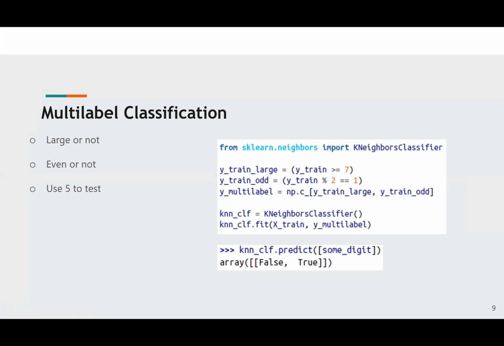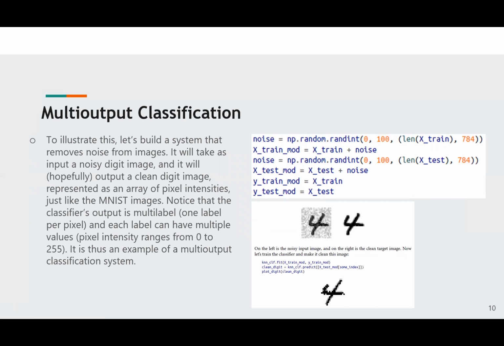That's called multi-label classification. Last but not least, there is multi-output classification. The whole idea is that not only do you get one output, you can have multiple outputs. To illustrate this, let's build a system that removes noise from images.